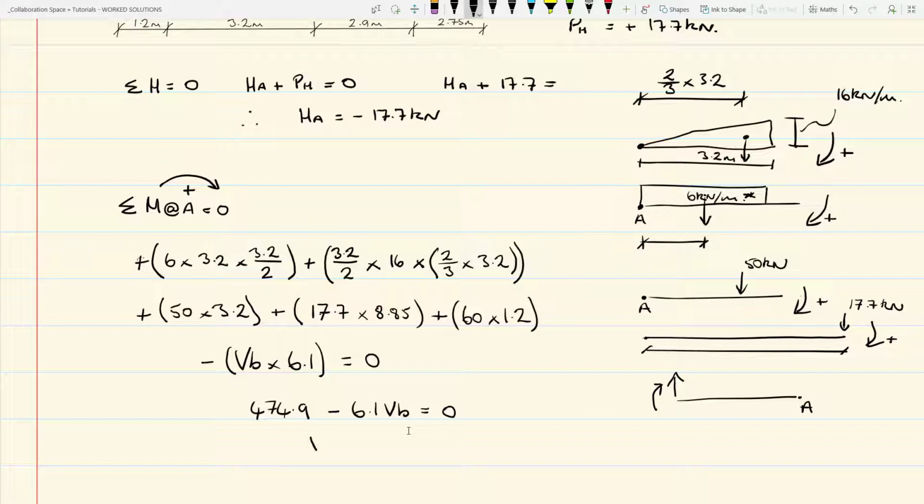That means that VB equals 77.8 kilonewtons. That is our vertical reaction associated with the roller support at B.